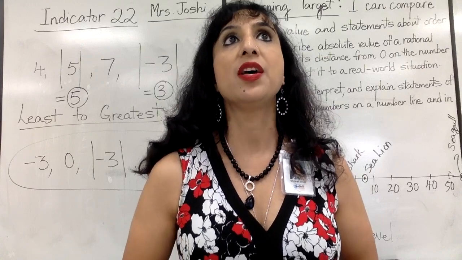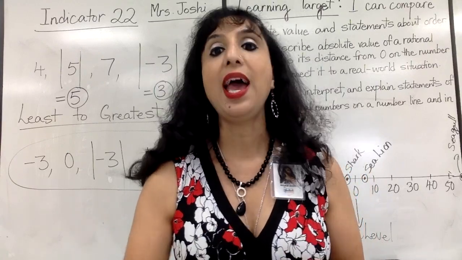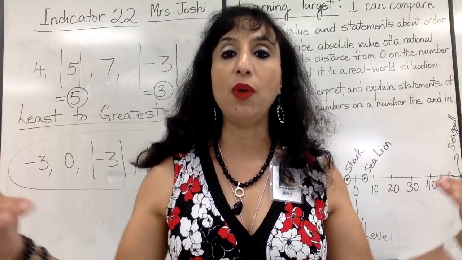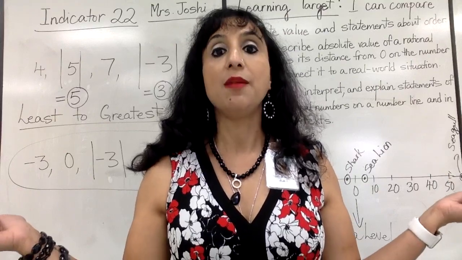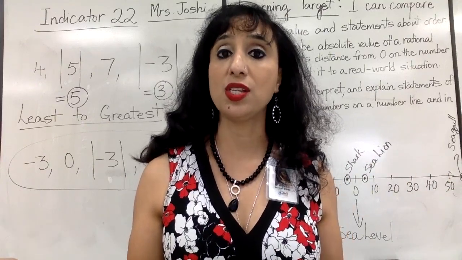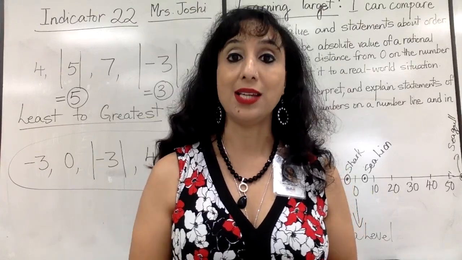So if I say which 2 integers have an absolute value of 9, you would say 9 and -9, because both are 9 units away from 0. Obviously they're on opposite sides, but those 2 integers will have the same absolute value of 9.